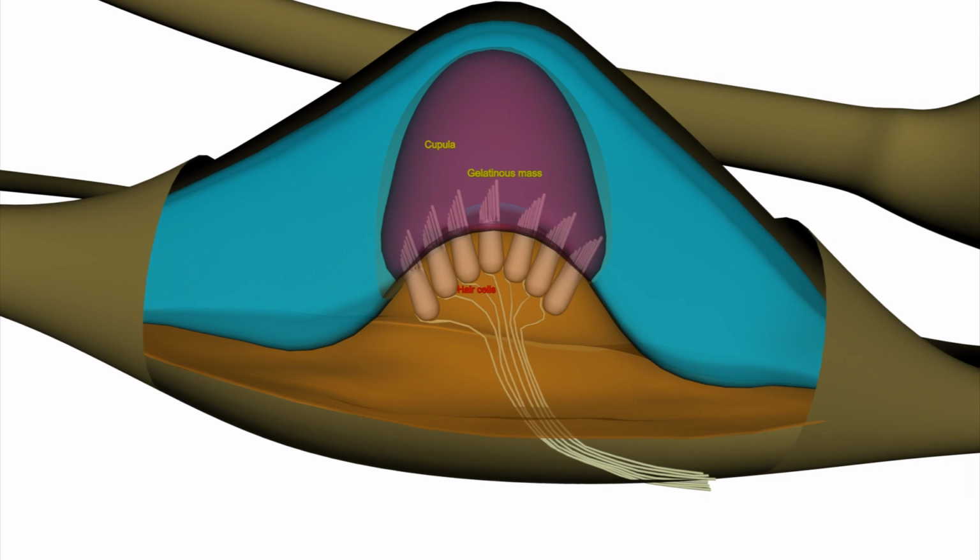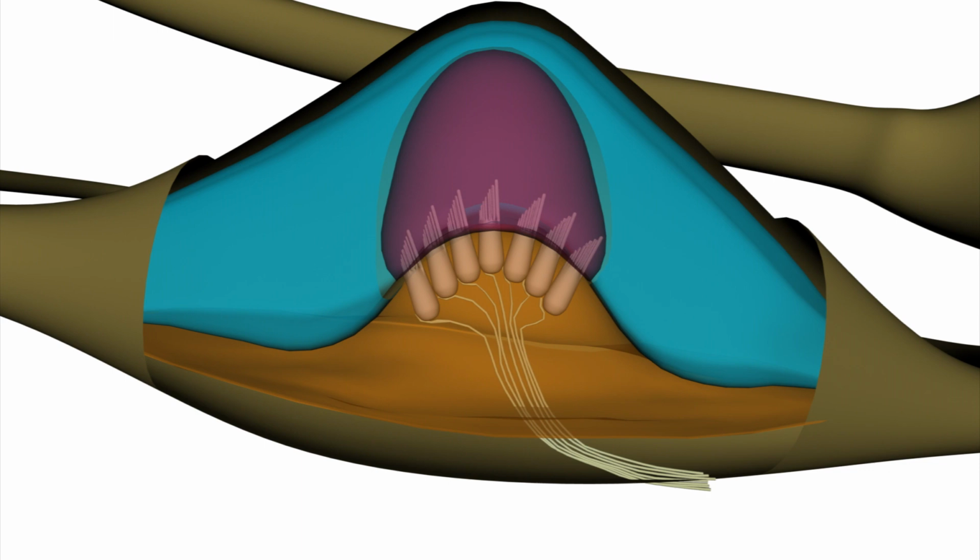The endolymph, which fills the semicircular canal, is in charge of moving the cupula to bend the hair cells in only one direction, which in turn depolarizes the membrane and creates more frequent action potentials.